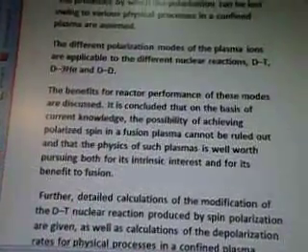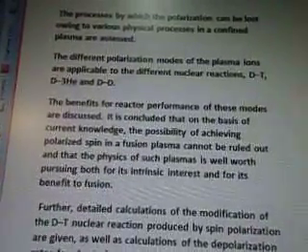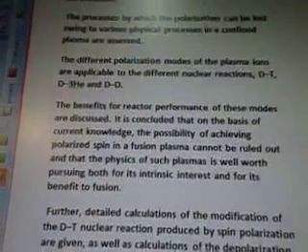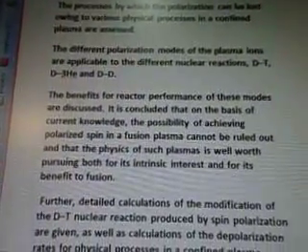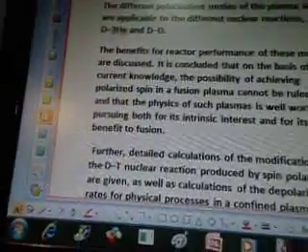It is concluded that on the basis of current knowledge, the possibility of achieving polarized spin in a fusion plasma cannot be ruled out, and that the physics of such plasma is well worth pursuing both for its intrinsic interest and for its benefit to fusion.